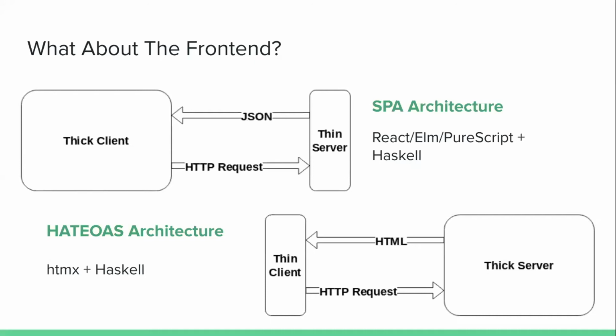And this is the HTMX architecture. And HATEOAS stands for hypermedia as the engine of application state. The roles are sort of reversed. And it's interesting because instead of the server returning JSON, now the server returns HTML to the client. And what HTMX does is it swaps HTML into the DOM automatically.